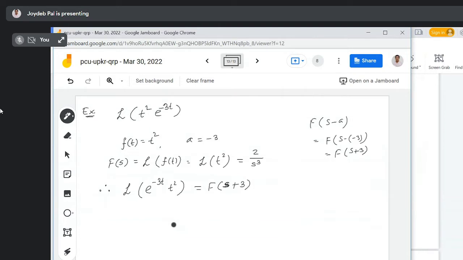Now we know capital F of s, that is 2 by s cube. Then what is f of s plus 3? Any doubt?